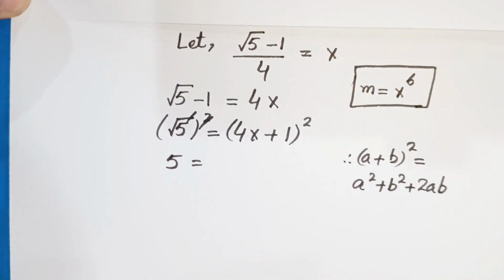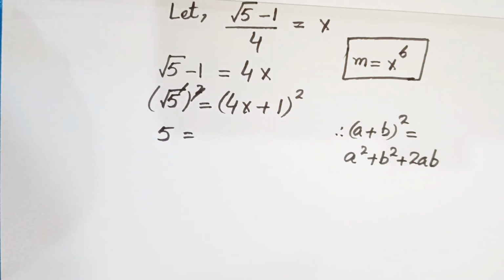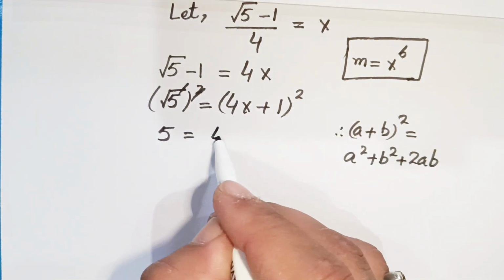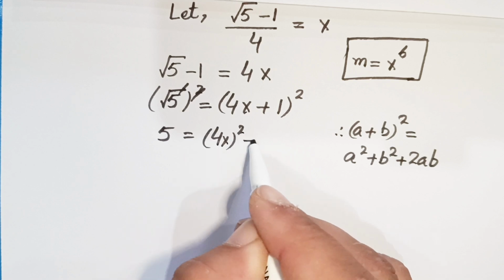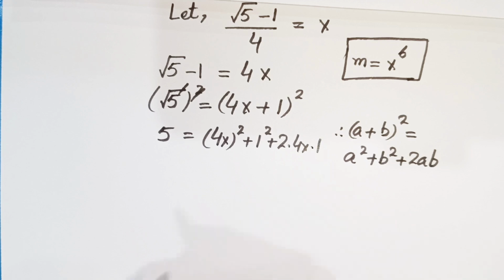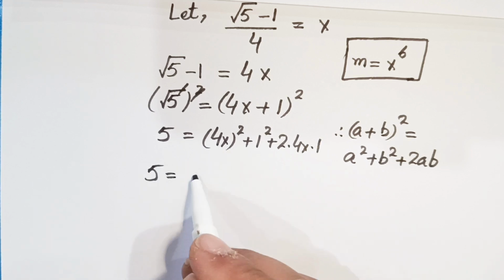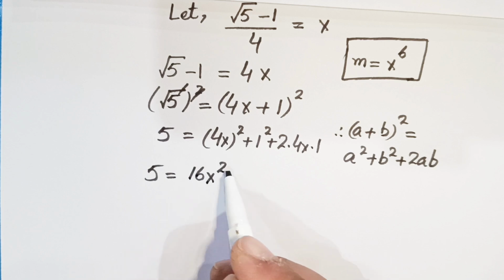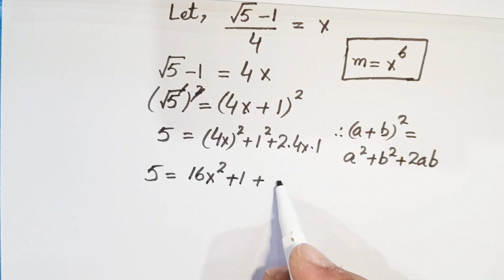So our next step will be 5 is equal to 4x whole squared plus 1 squared plus 2 times 4x times 1. So we have 5 is equal to 4 times 4 is 16x squared plus 1, and 4 times 2 is 8x.